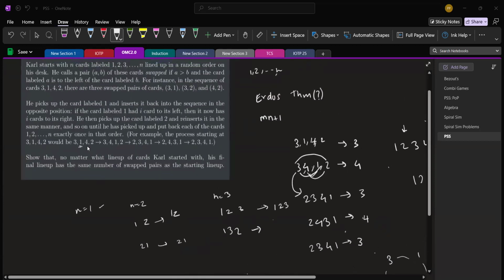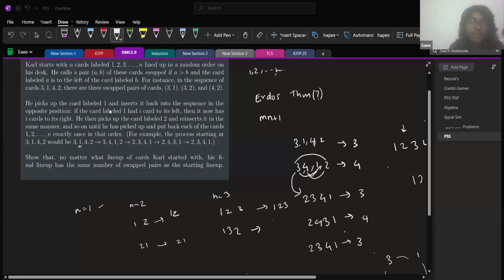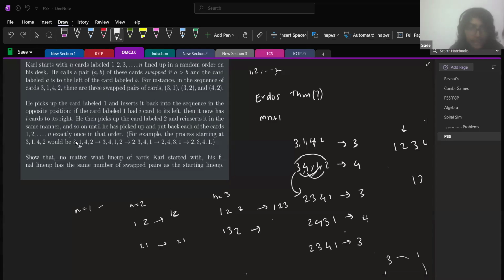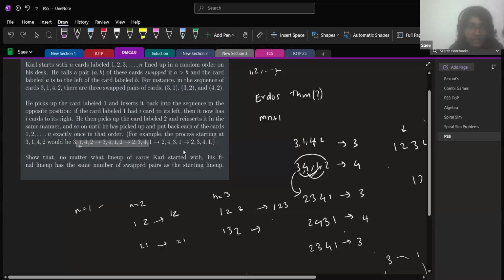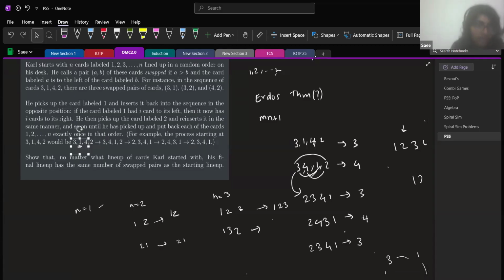Like, I'm saying we're hoping to find some invariant which is not changing throughout this process. When I flip the one, I can be sure that this invariant has not changed. Then I flip the two, and I can be sure this invariant has not changed, and so on and so forth. If that makes sense.